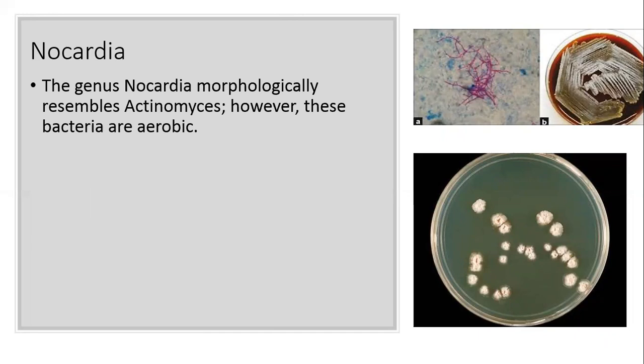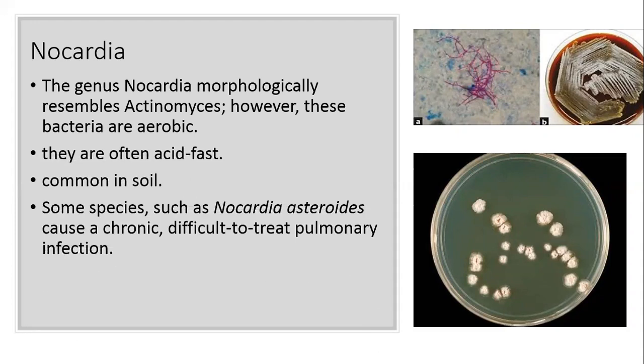Acid fastness is a characteristic of Mycobacterium, but these are also acid fast, and they display the acid fast reaction. They are also common in soil, and one of its species, Nocardia asteroides, is responsible for causing a pulmonary infection which is difficult to treat.